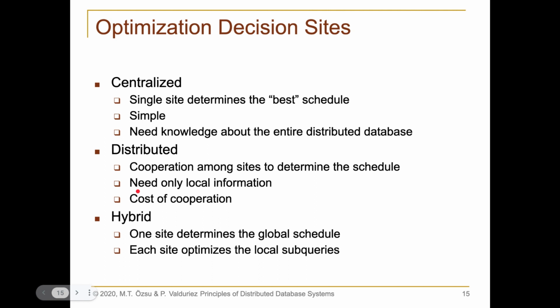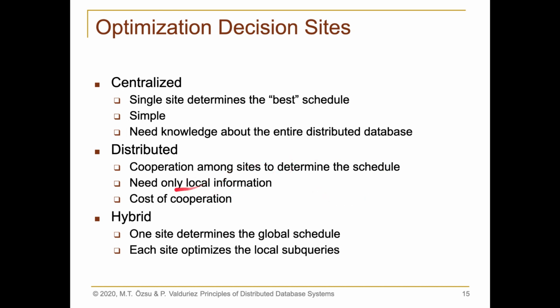The other type of query optimization is called distributed query optimization, where most nodes or network sites or database management systems are responsible to contribute or cooperate to come up with the best global schedule.